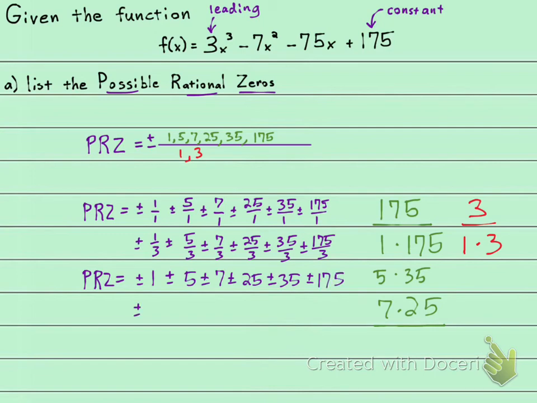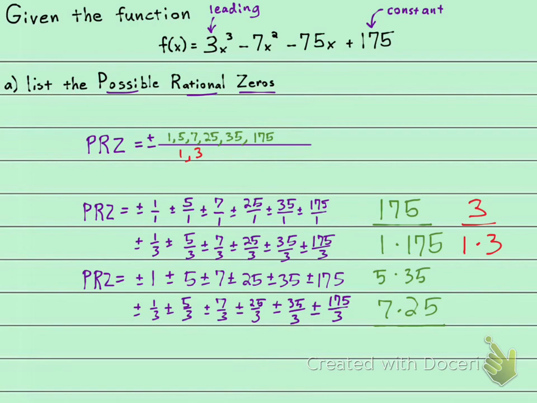Plus or minus 1/3 does not reduce, plus or minus 5/3 does not reduce, plus or minus 7/3 does not reduce, plus or minus 25 over 3 does not reduce, plus or minus 35 over 3 does not reduce, and plus or minus 175 over 3 also does not reduce.